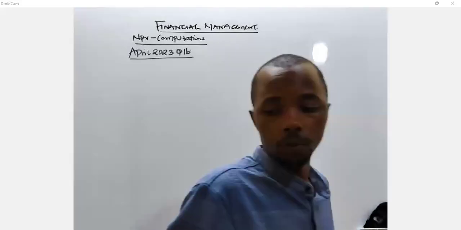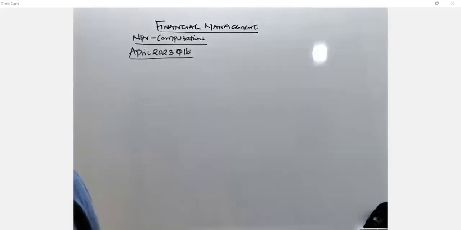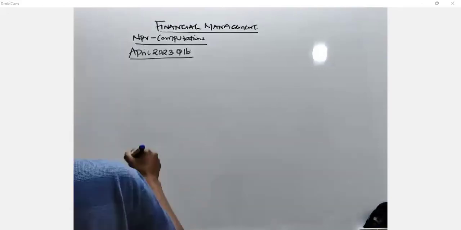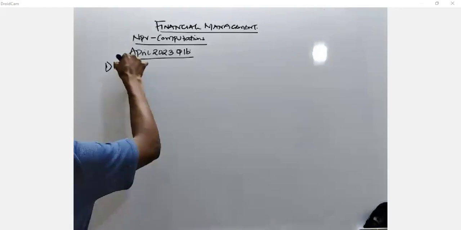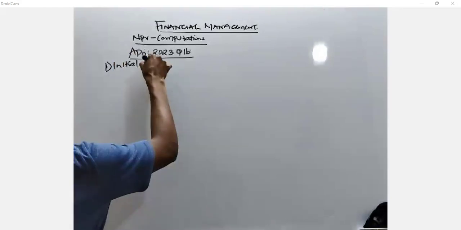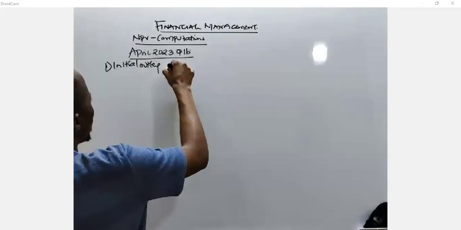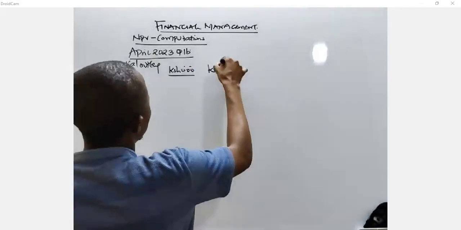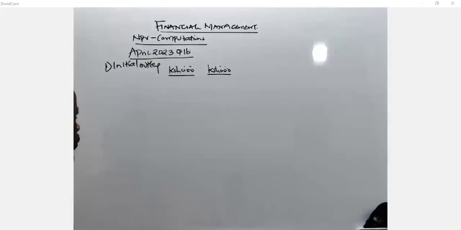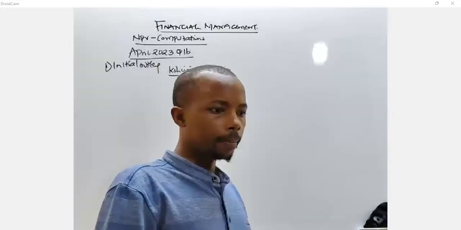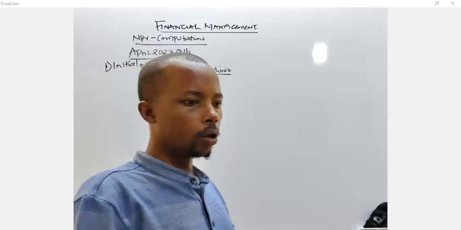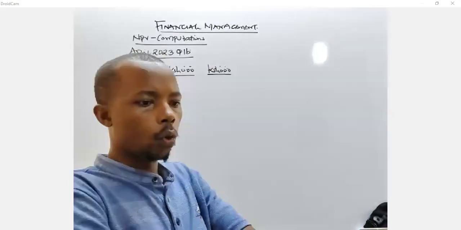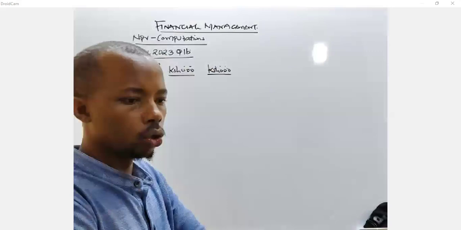When you look at the initial outlay, I am going to have 2 columns here, reducing our shillings to thousands. Then we start with the cost of the machine, because we have been told that SIPO Limited is evaluating an investment project which requires the importation of a new machine at a cost of 3.7 million.